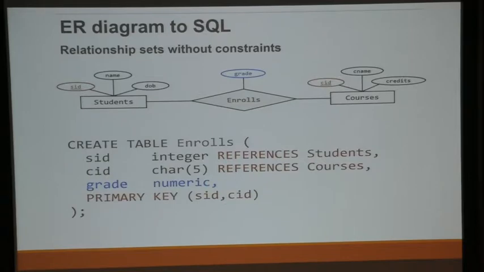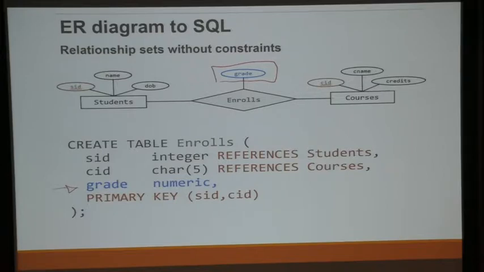Okay, and these are the highlights. The grade here, which is the attribute of the relationship, appears only here. And the ones in orange mean that those are the primary keys of the respective entities.